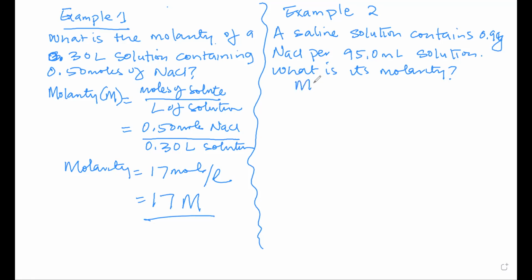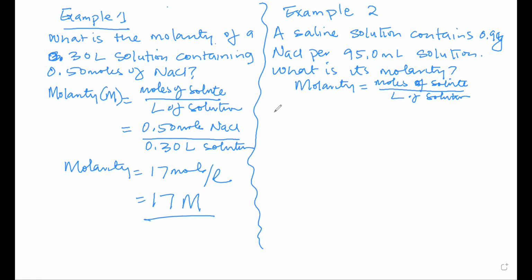So we can repeat the same information here for clarity: moles of solid over liters of solution. We don't have moles of solid in this question, so we have to convert grams to moles.